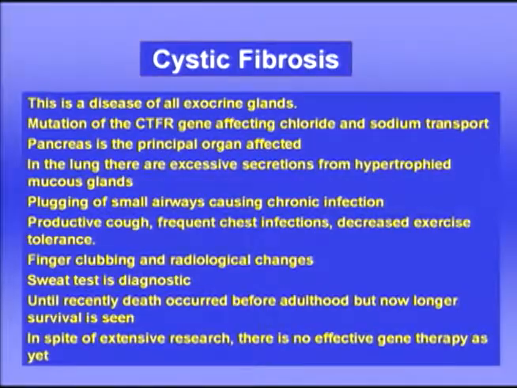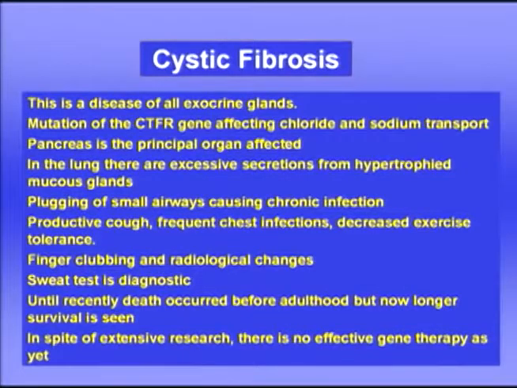A lot of people have the mutation, but you need 2 copies of the defective gene before you get clinical cystic fibrosis. In the lung, you have excessive secretions from these hypertrophied mucous glands, so it's a little bit in that respect like chronic bronchitis, but cystic fibrosis occurs in young people. It often comes on after 1 or 2 years of life.